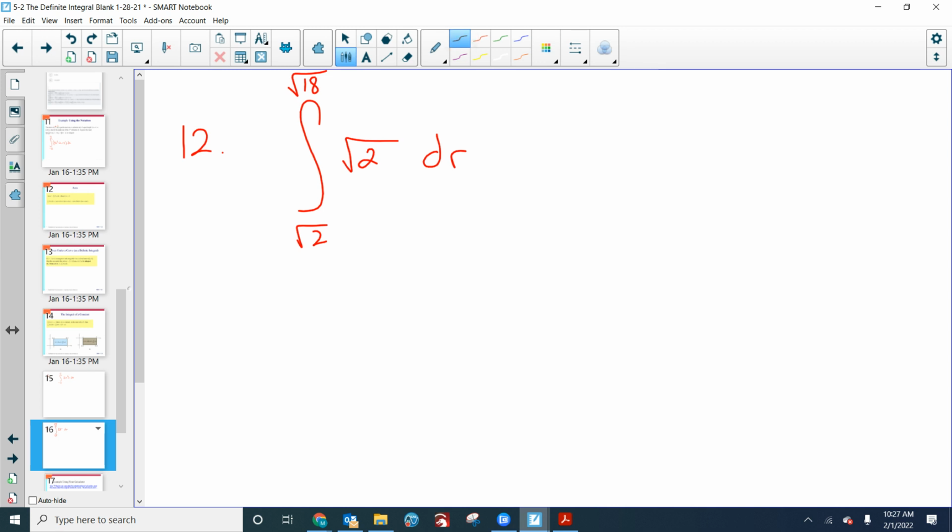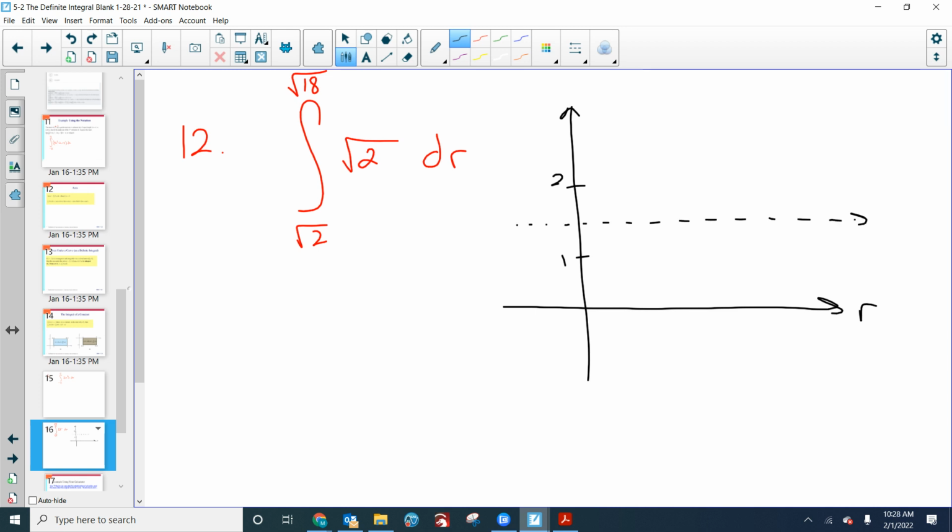Okay, well, here's your visual. Here's your r-axis. What's radical 2? Well, here's 1. Here's 2. Radical 2 is, I don't know why I dashed it, whatever. But this is, I'll just say y equals radical 2. 1.41-ish. All right?